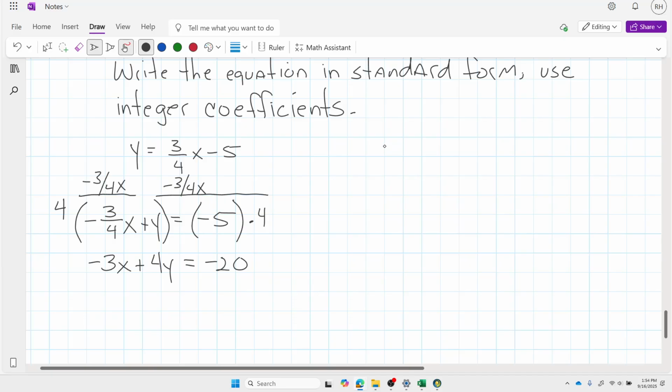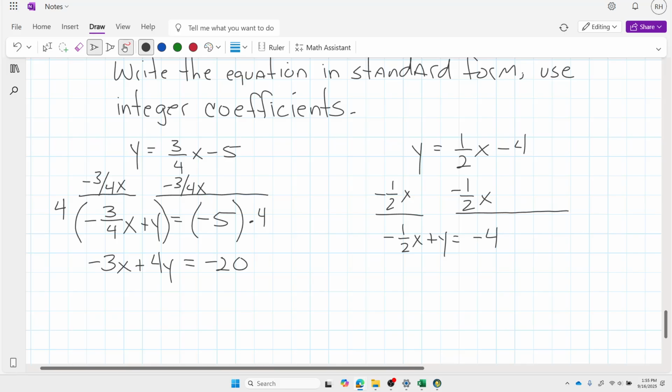If you had something like y equals 1/2 x minus 4, subtract 1/2 x from each side. So you'd get negative 1/2 x plus y is equal to negative 4.